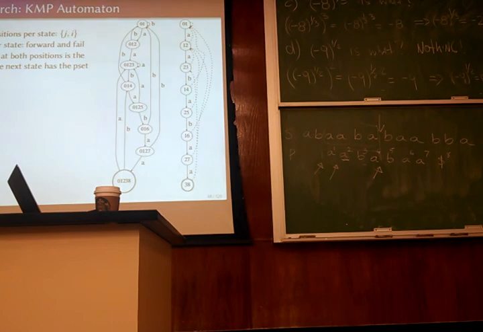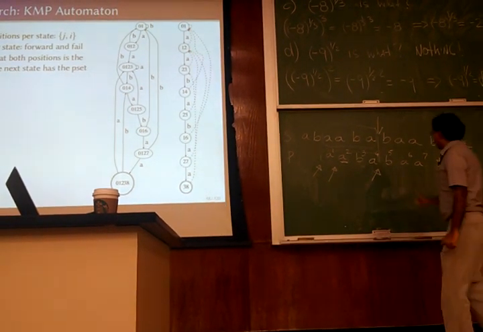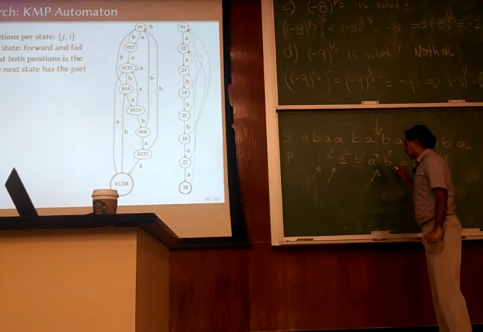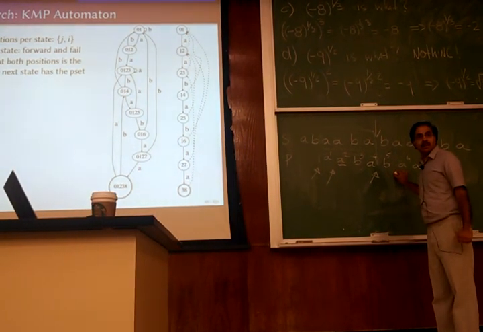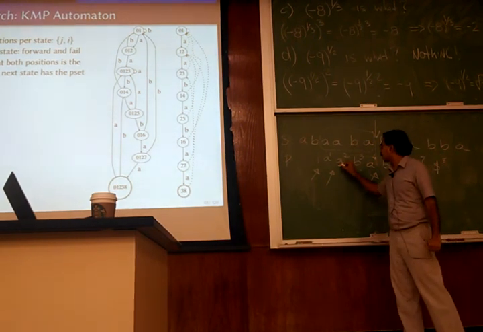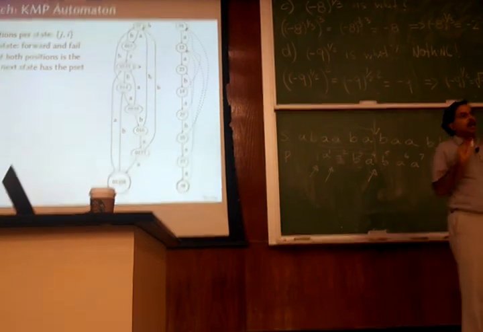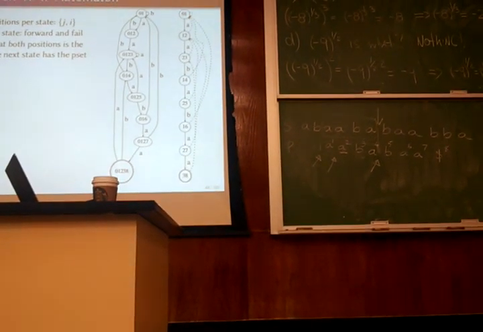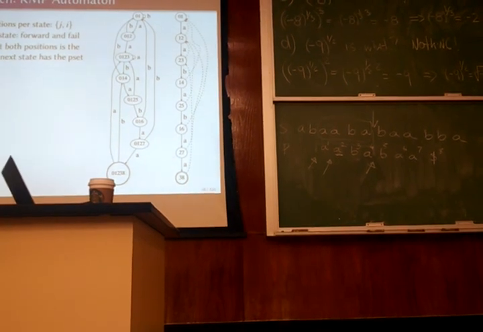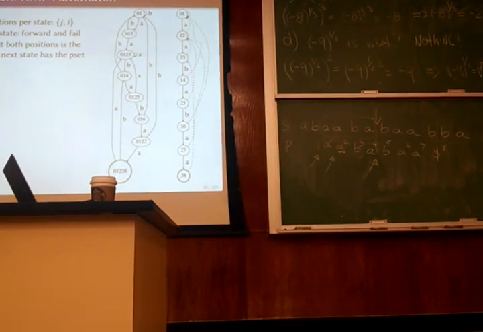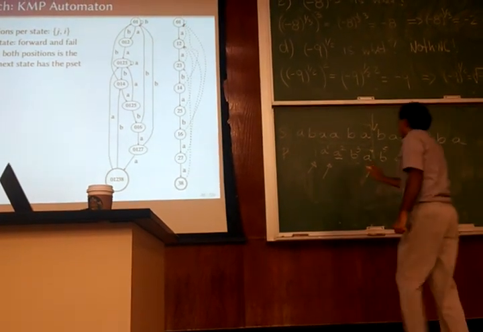So there are 3 matches that are possible. I advance this on B, but if it doesn't match B, then I could potentially advance this one. So whenever I cannot advance the longest match, I'm going to follow the failure link and go to that state, because I know that so far I certainly have a match up to that prefix.